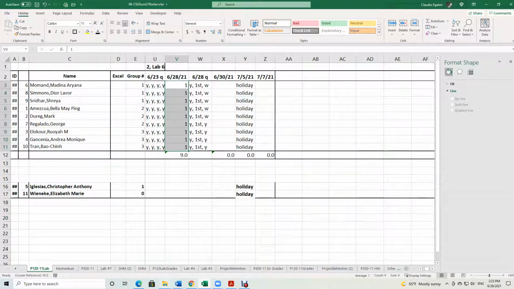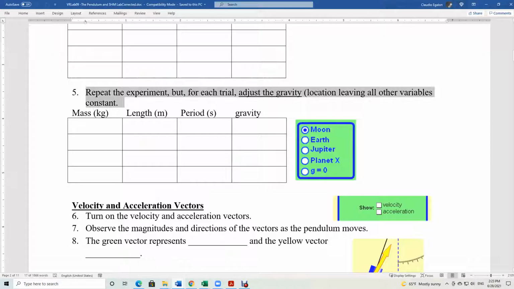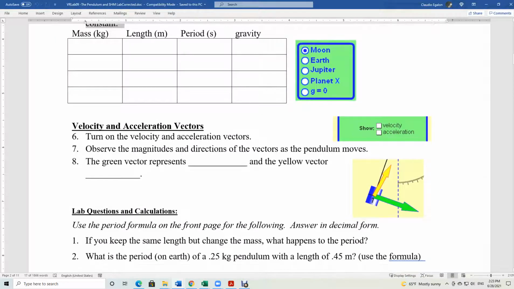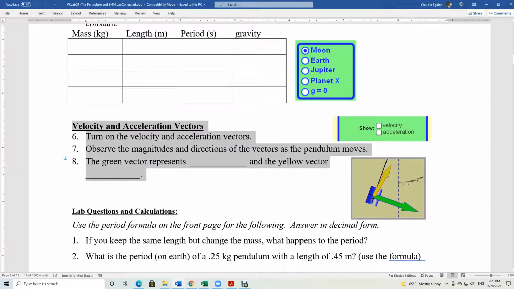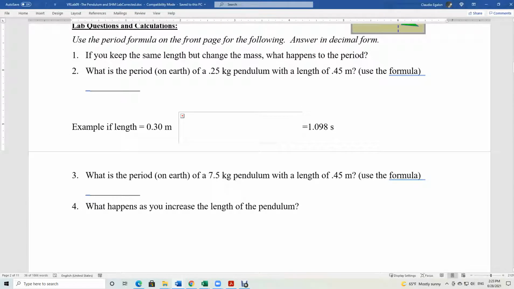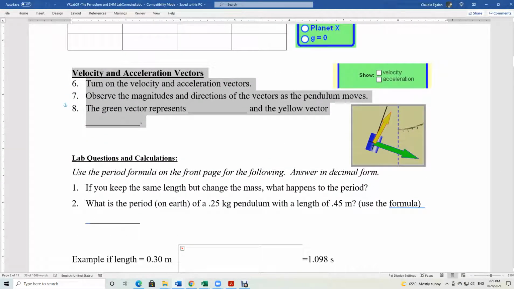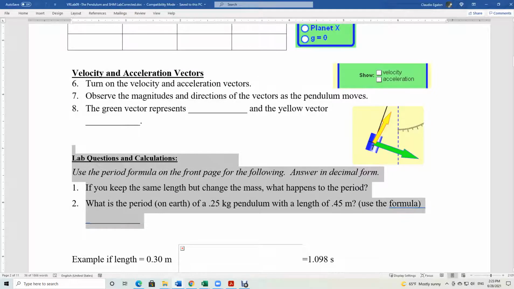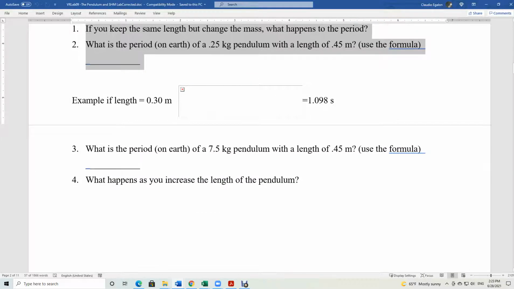Let's make sure we didn't forget anything else. Make velocity and acceleration. You don't need to do that part. Lab questions and calculation, you can perform that on your own.